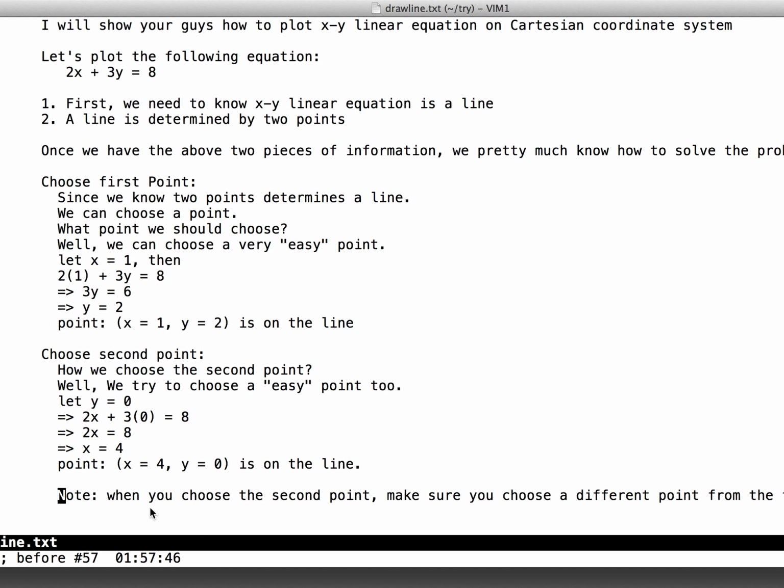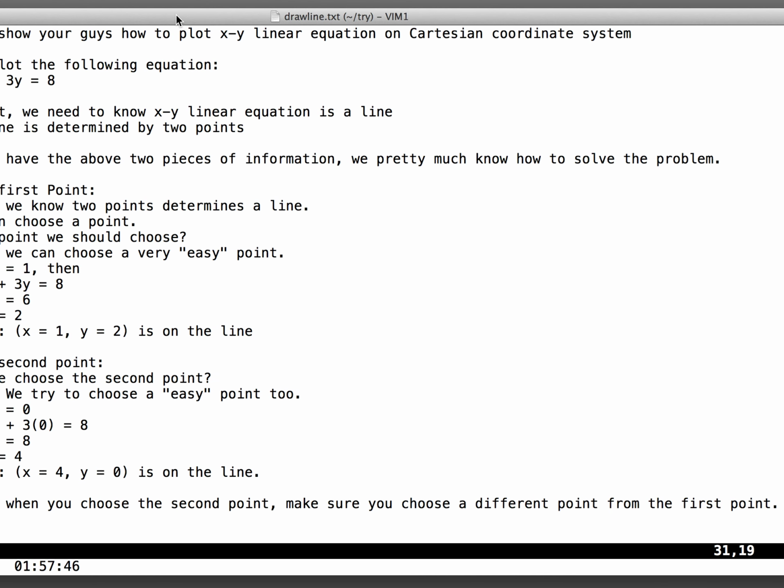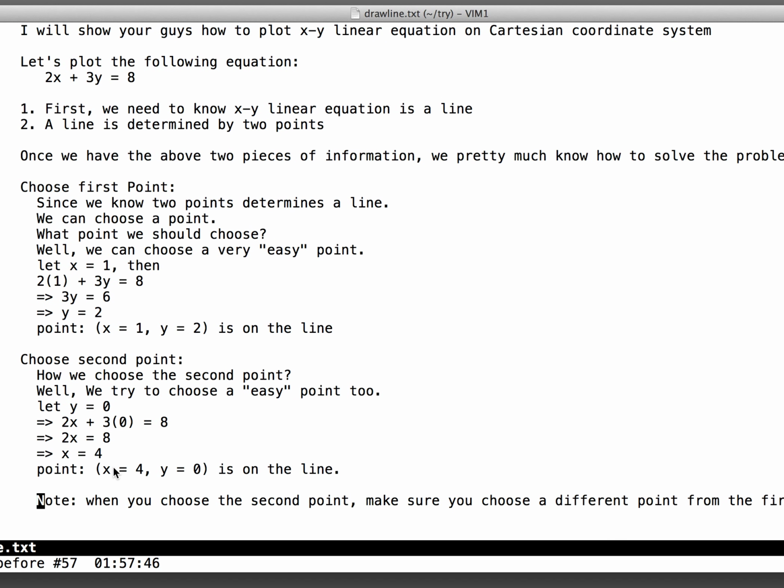Okay, something to keep in mind when you choose a second point: make sure you choose a different point from the first point, right? This point should not be the same as the first point. So we have 2 points, so we can draw the line. Okay, let's draw the line.